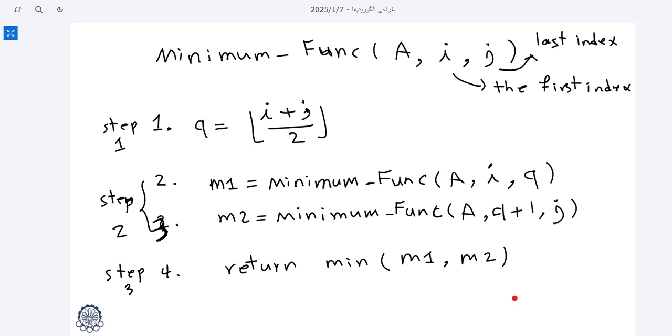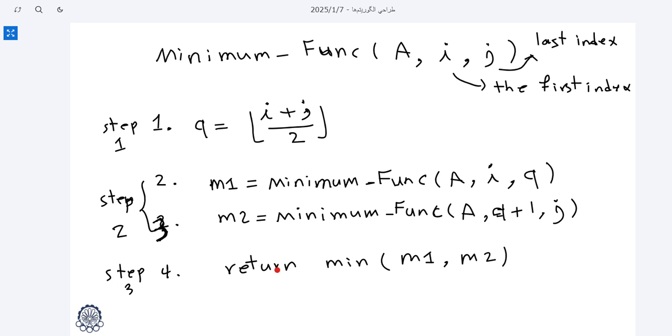So we call minimum func for part 1 and minimum func for part 2. In the third step, we compute the solution of the original problem using the solution of the subproblems. Here, it is enough that we take the minimum between M1 and M2 and return it as the solution of the original problem.